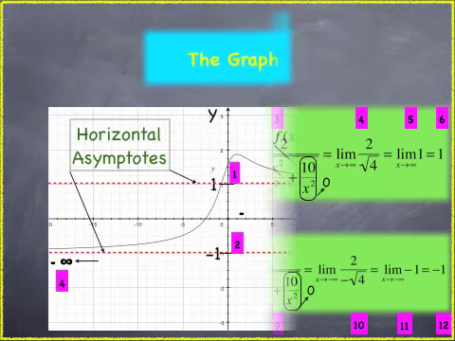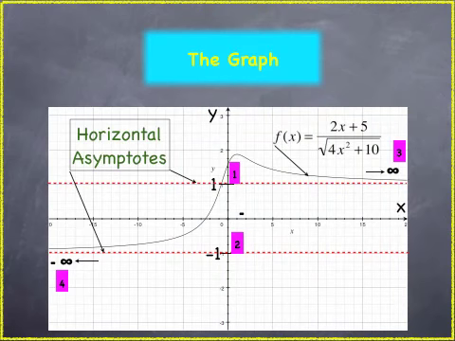So let's see what our graph looks like. If you look at this graph, this is the graph of our function, and you'll see what happens when x approaches both positive and negative infinity. Well, let's go to item 3. If you look at item 3, you'll see I have an arrow, positive infinity. So just pretend you're standing on the graph and walking to the right all the way to positive infinity.